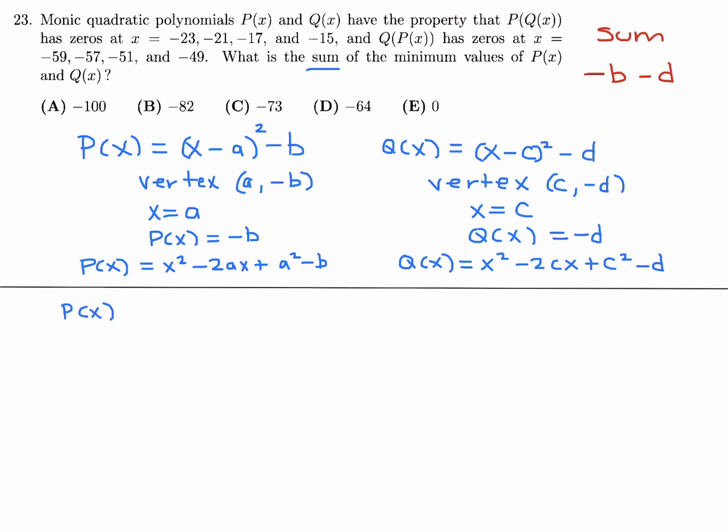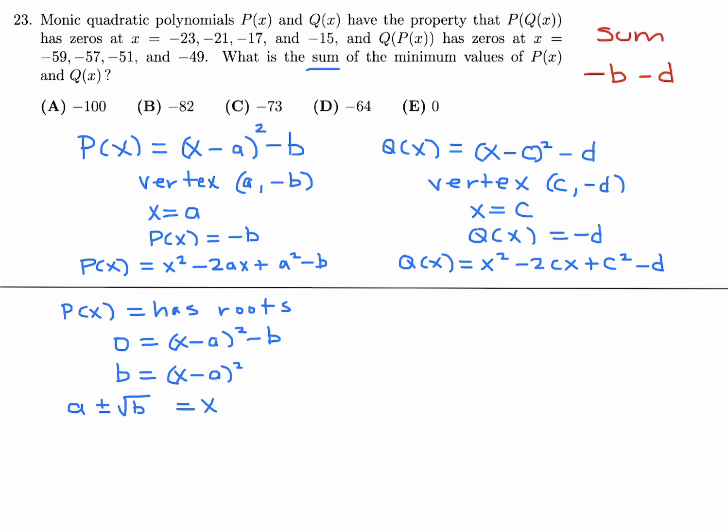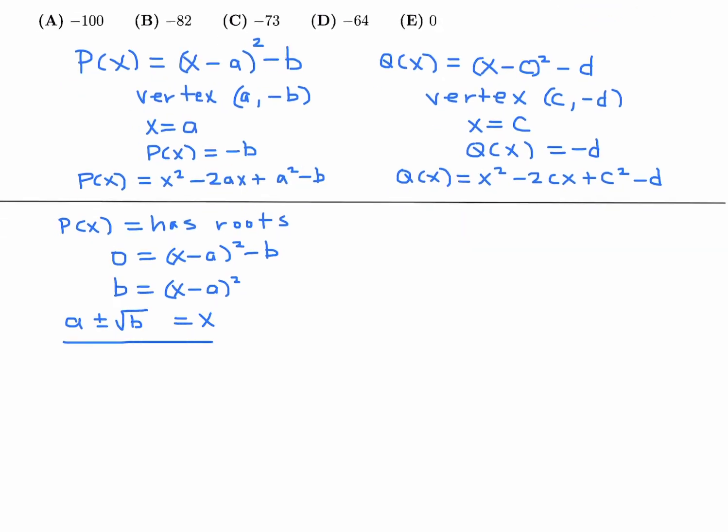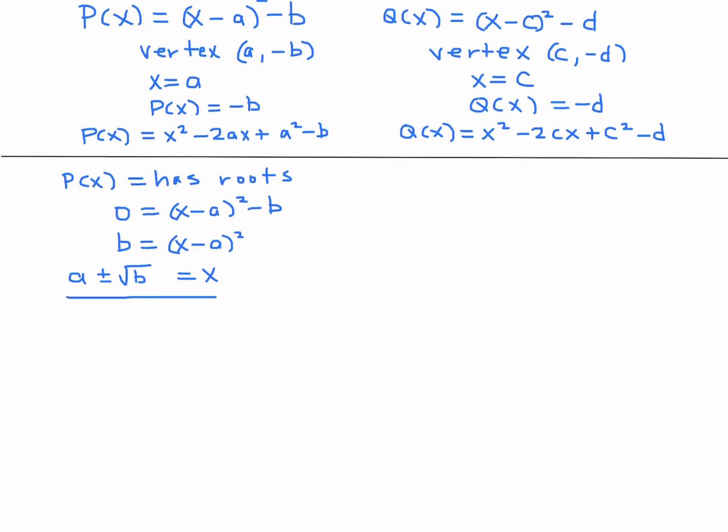If you notice that p(x) has roots as follows, if you were to set it equal to 0, like this, 0 is equal to (x - a) squared minus b, and then we try to isolate for x. b comes over here, and then take the square root, and you get plus or minus root b, and then the a comes over here. So those are the roots. x is equal to a plus or minus root b. So let's move this up. Now, the roots of p(q(x)) are also the roots of q(x).